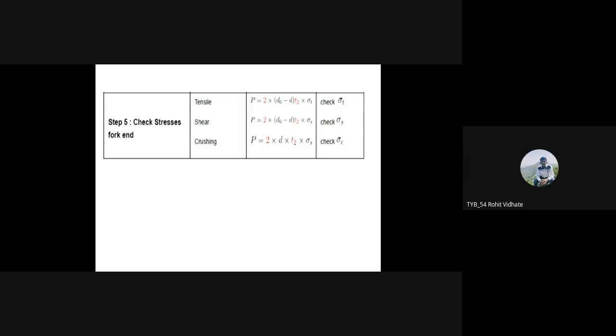Now here we have already calculated all the dimensions, so just put the dimensions in this formula and calculate the value of sigma T, the tensile stress in the fork end.